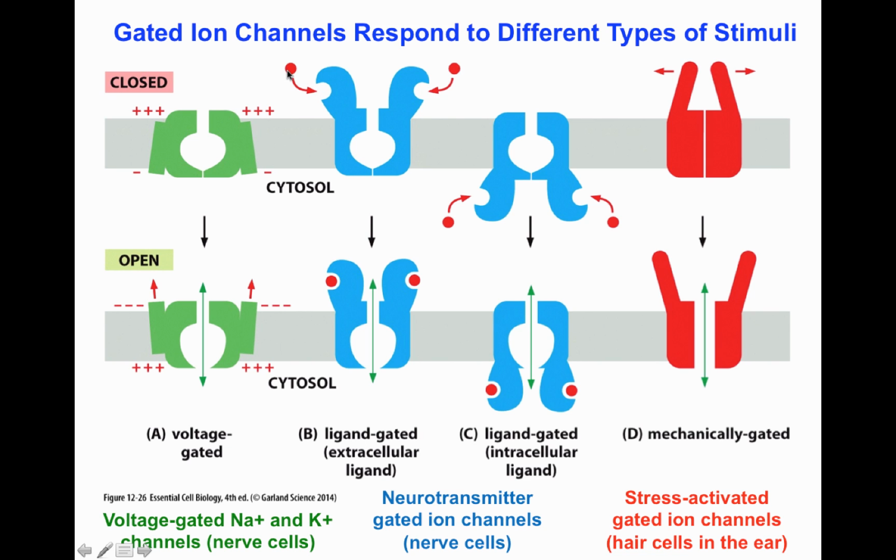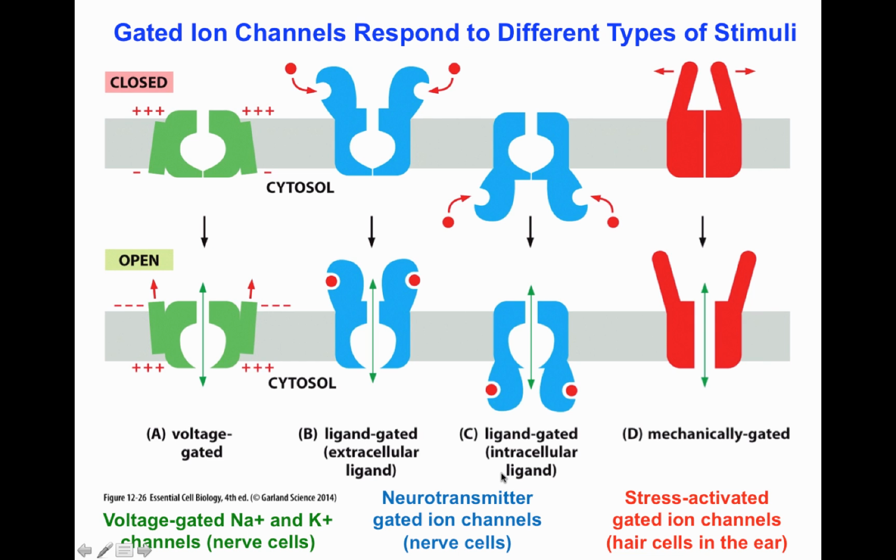So when the ligand is present and it binds to the channel in the extracellular portion, that will force the channel to undergo a conformational change that is going to open it up. Other ones have the ligand binding domain on the cytosolic side. So when the ligand binds to the domain, in the same fashion, it will force the channel to undergo a conformational change that will open it up.